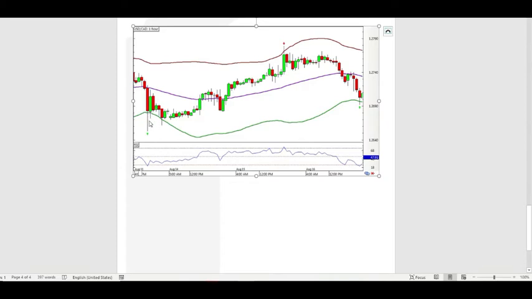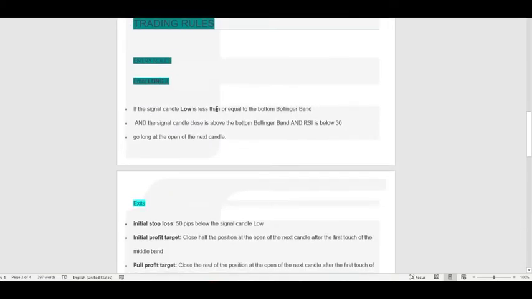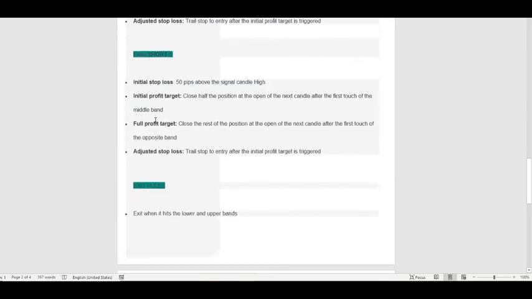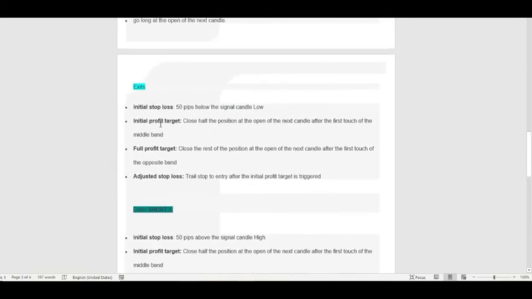So you should know, right? It should be less than or equal. So the low should be less than or equal, as I explained here. Sometimes your low can be equal to this lower band. This is our lower band, this is our upper, this is our middle. I have explained. We are trying to find an opportunity to go long.